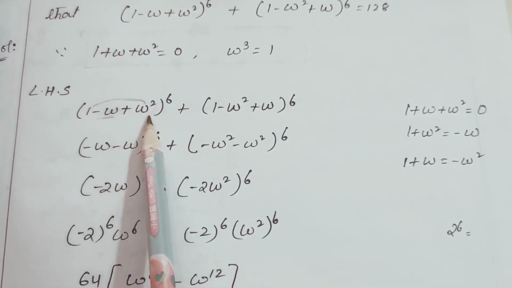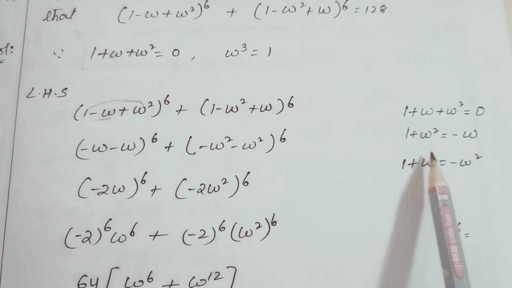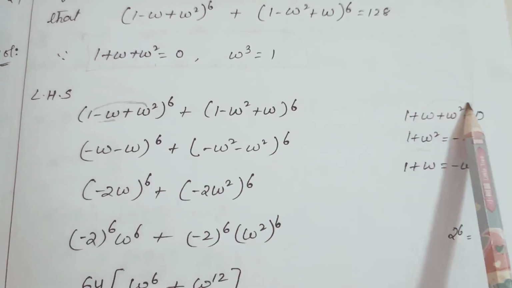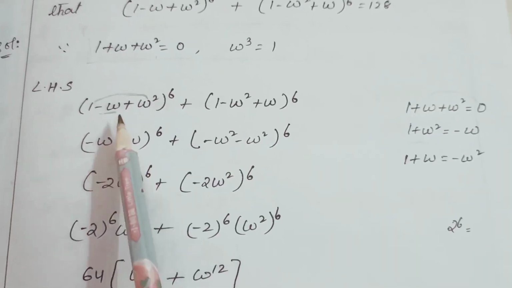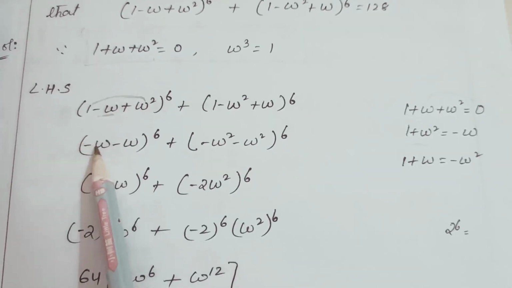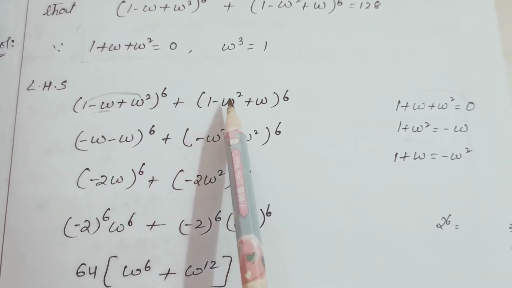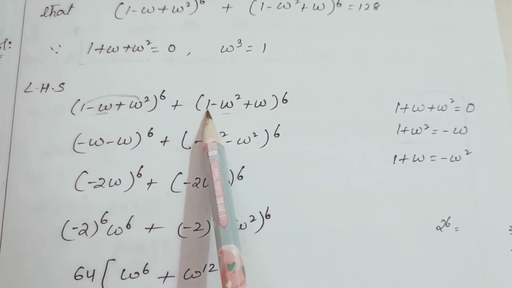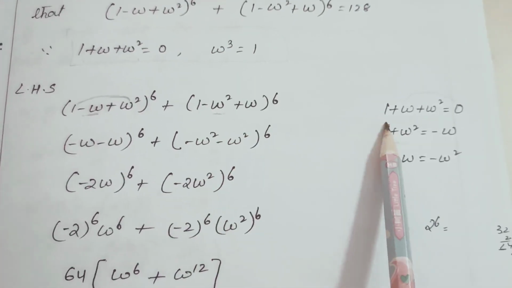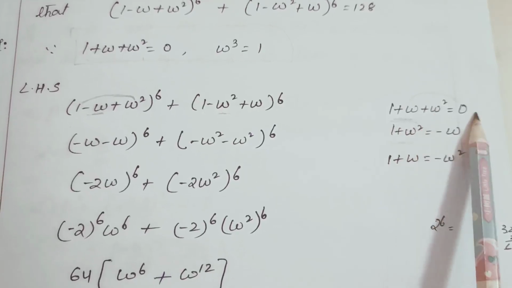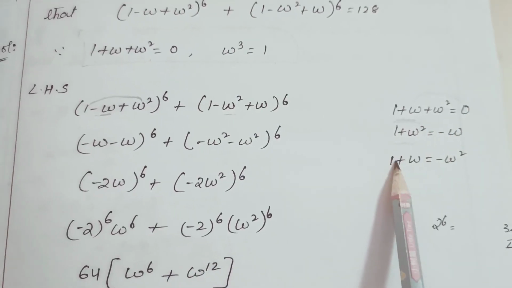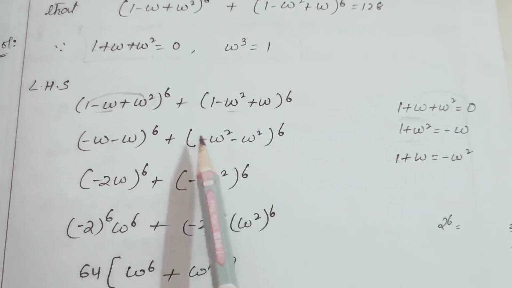Consider positive 1 plus omega square. 1 plus omega square will be minus omega. So this minus omega same as it is, and 1 plus omega square is minus omega, whole power 6. Plus, leave this and consider 1 plus omega. So 1 plus omega will be minus omega square.